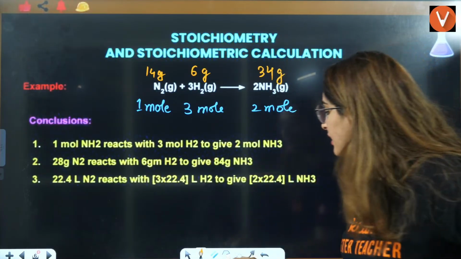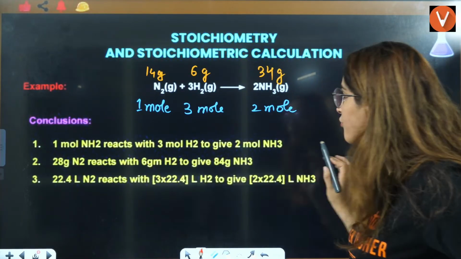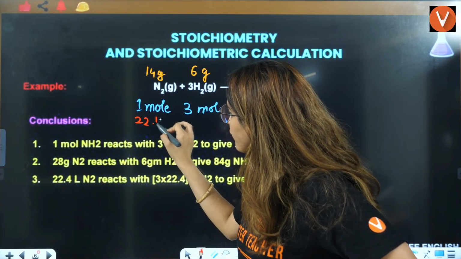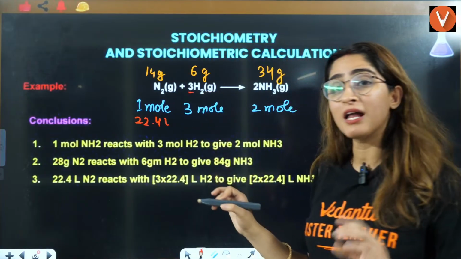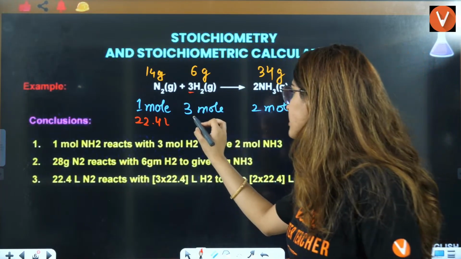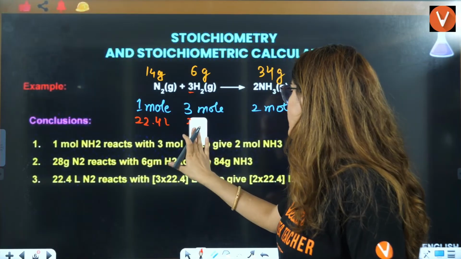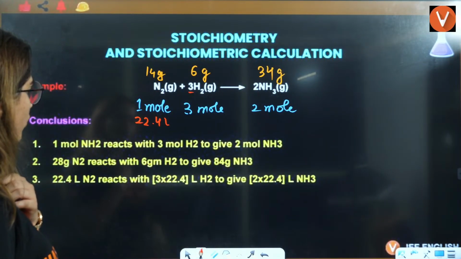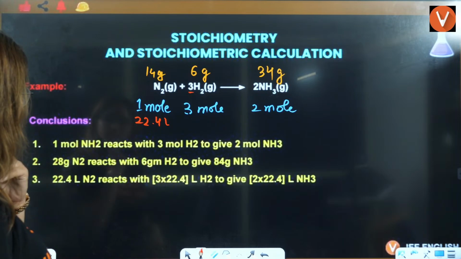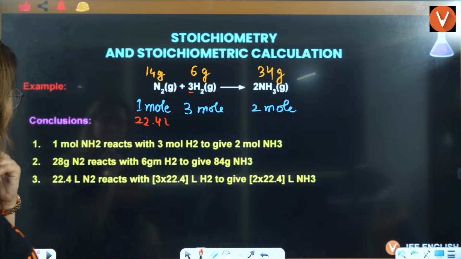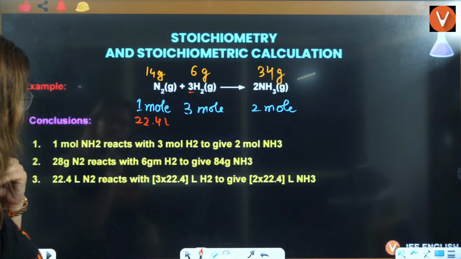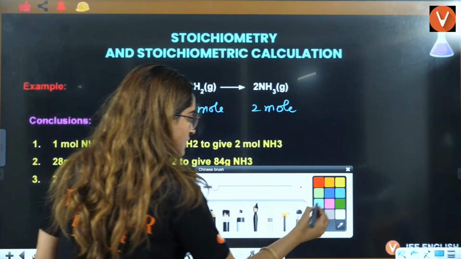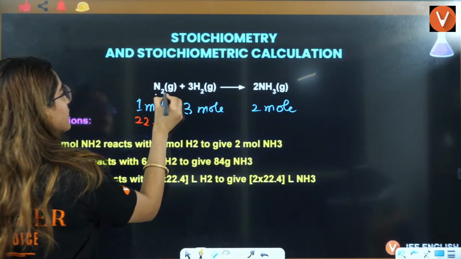Now, tell me one thing. If I have to write it in the form of volume, I can write it as 22.4 liter. This is 3, so I'll multiply it by molar volume, 22.4. Why is it 84? I am so sorry guys, I made a mistake here.